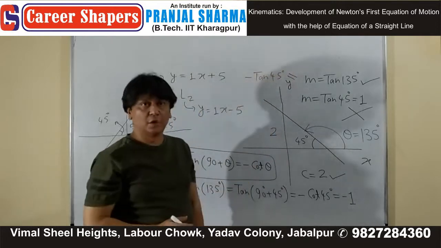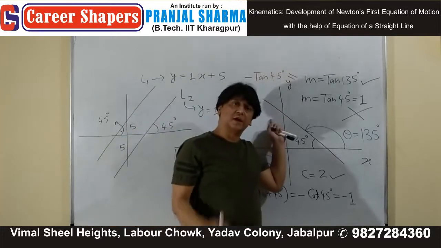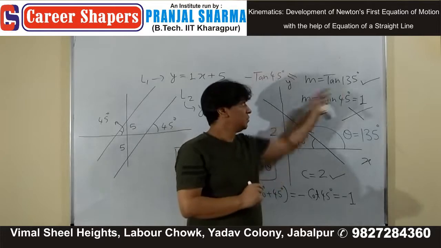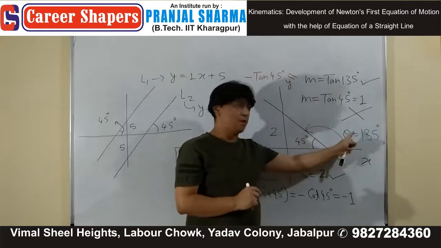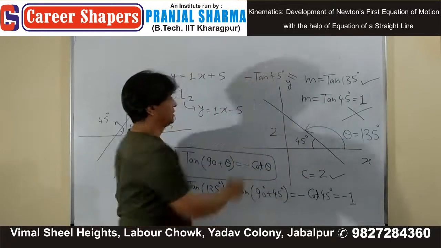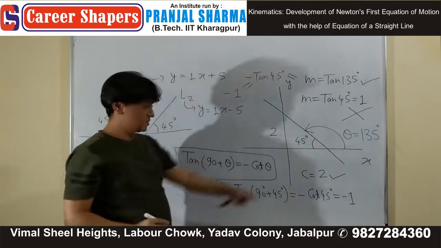It will save you a lot of time. We have done this thing again in differentiation, graphical representation. What is tan 135? Forget about it. Go for tan 45. Use a negative sign and you get -1. Same result.